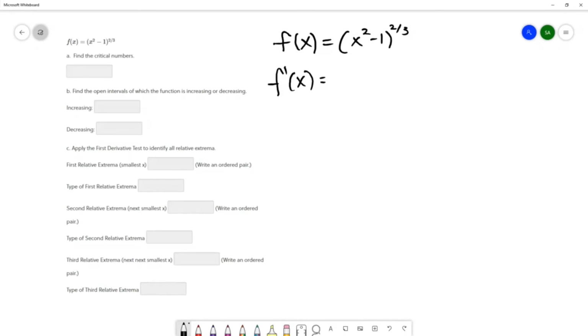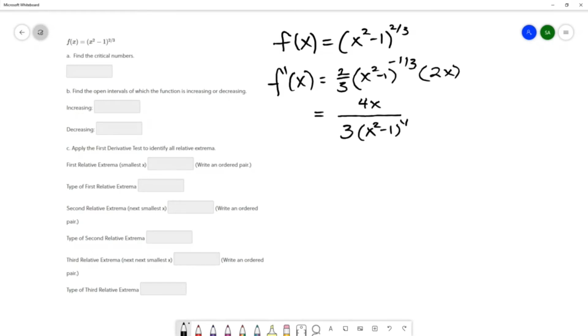So the derivative will be 2/3 times x squared minus 1 to the negative 1/3 power, and we'll chain by taking the derivative of the inside, which is 2x. Now I'll rewrite this as 4x over 3 times x squared minus 1 to the 1/3 power.